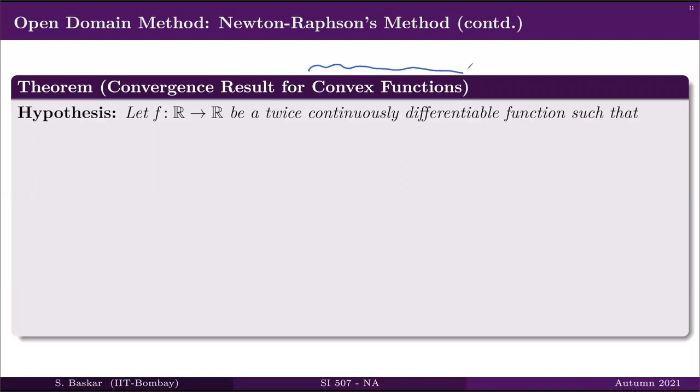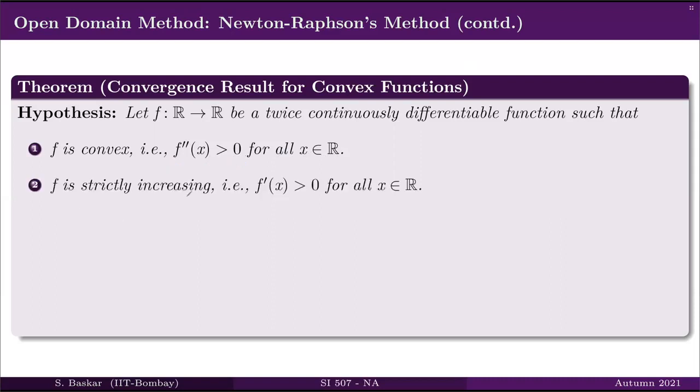Let f be a twice continuously differentiable function such that f is convex, which is equivalent to saying that f double dash is strictly greater than 0 for all x belongs to R, right? So this we know from our basic analysis, and f is strictly increasing. Similarly, you can also prove the same theorem for convex strictly decreasing, concave strictly increasing, and concave strictly decreasing.